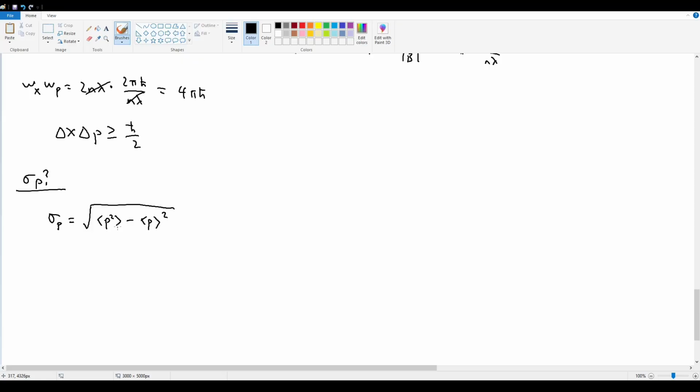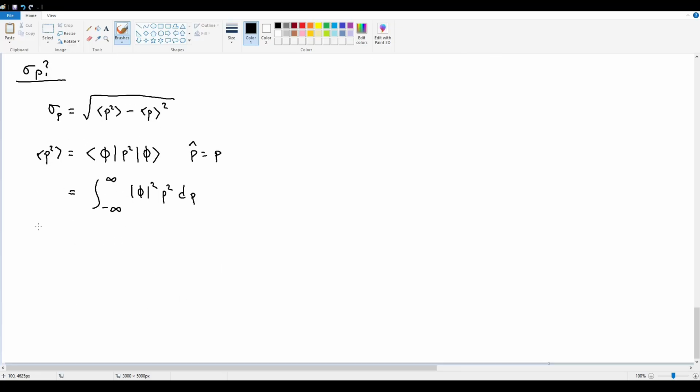So let's just take the expectation value of p squared for this expression. This would be the bracket of phi, p squared, phi, and since this is in p space, the p operator is just equal to p, so this is equal to the integral from negative infinity to infinity of magnitude phi squared multiplied by p squared times dp.